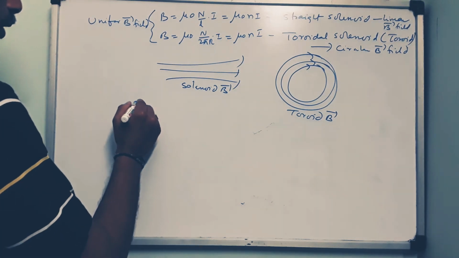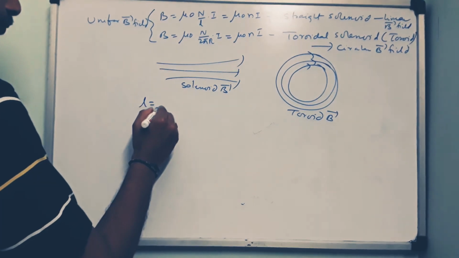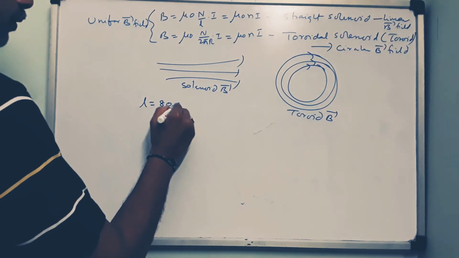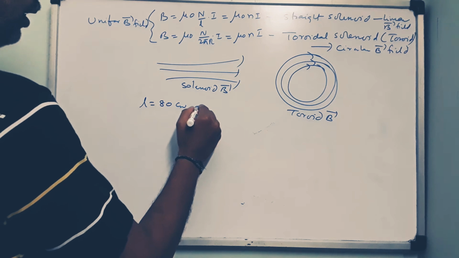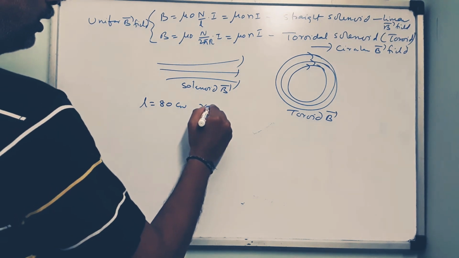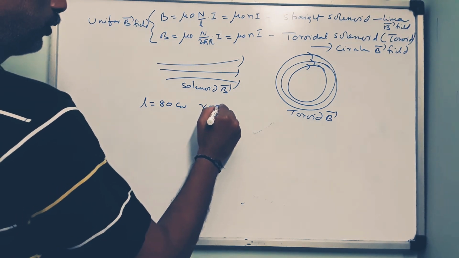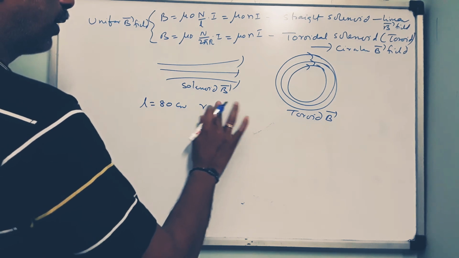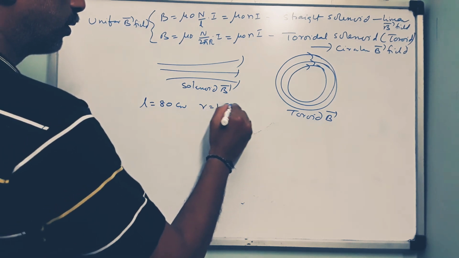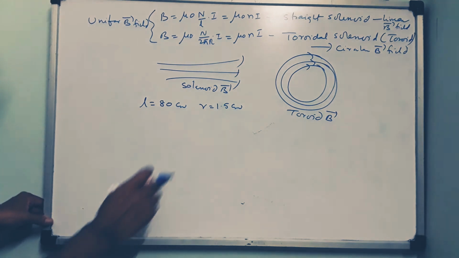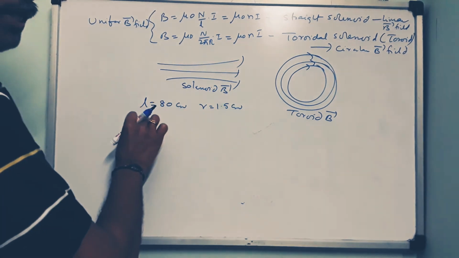For example, you have a straight solenoid whose length is, say, 80 centimeter and radius is, say, 1 centimeter or 1.5 centimeter. So compared to its diameter, length is very large.